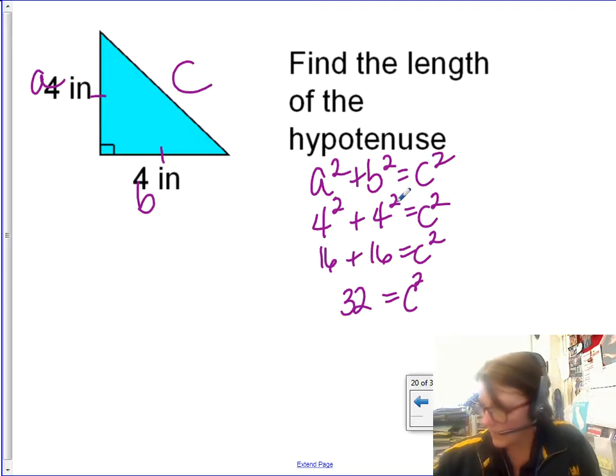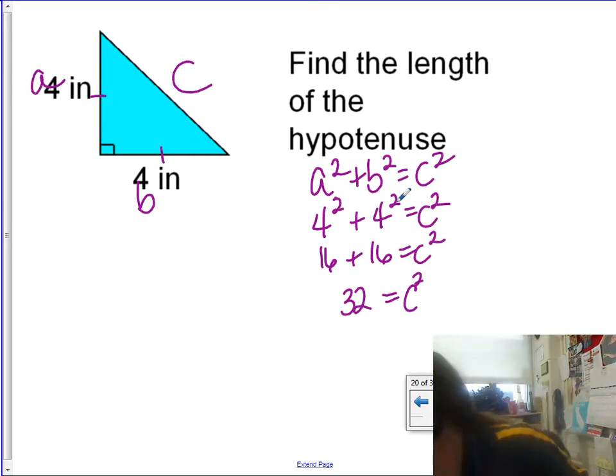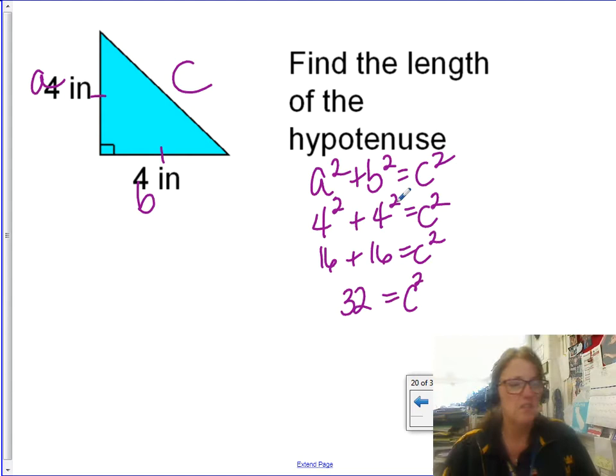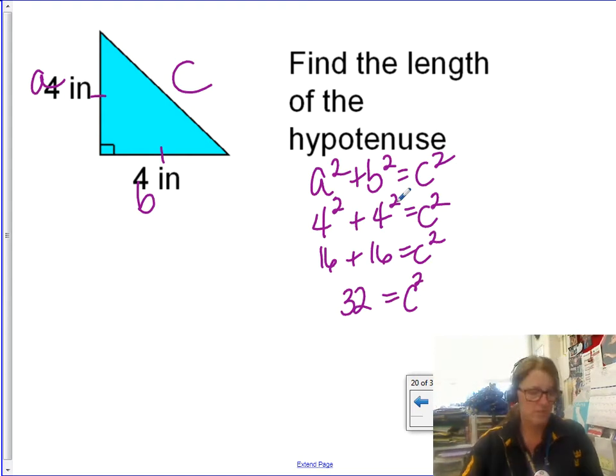And I'm just going to get my calculator ready because I'm looking at this and I'm thinking, oh, boogers. You see, 32 isn't a perfect square. 36 is a perfect square. And as I'm looking at that, it's not quite going to be equal to 6, so it's going to be 5 point something, but we'll have to figure out what it is.